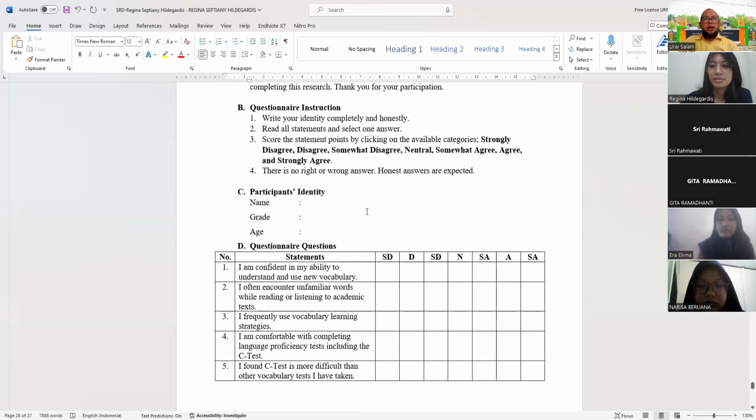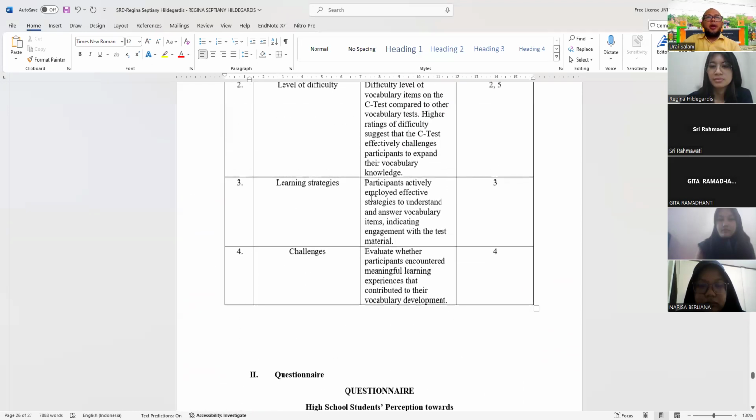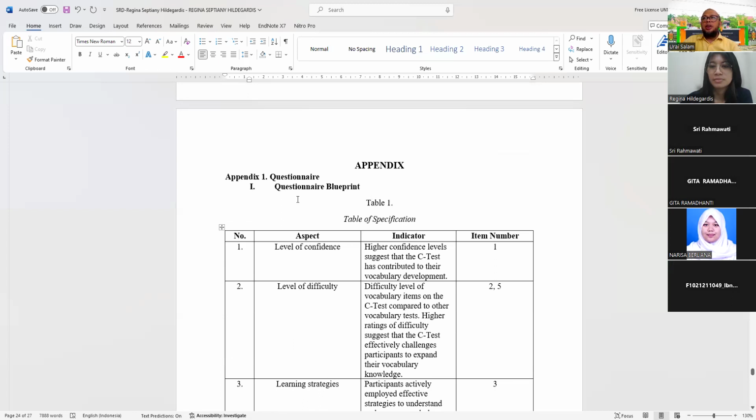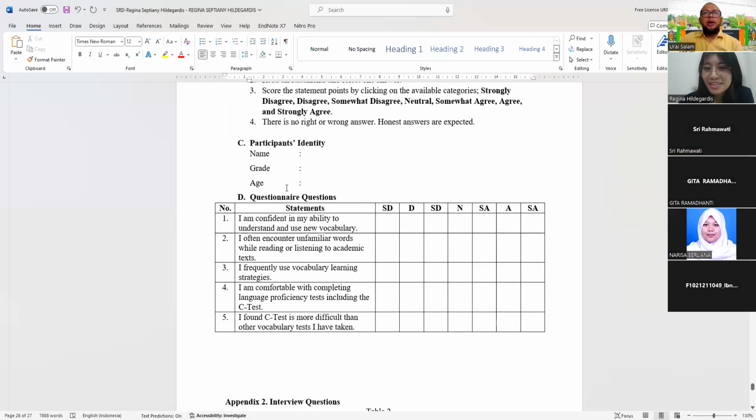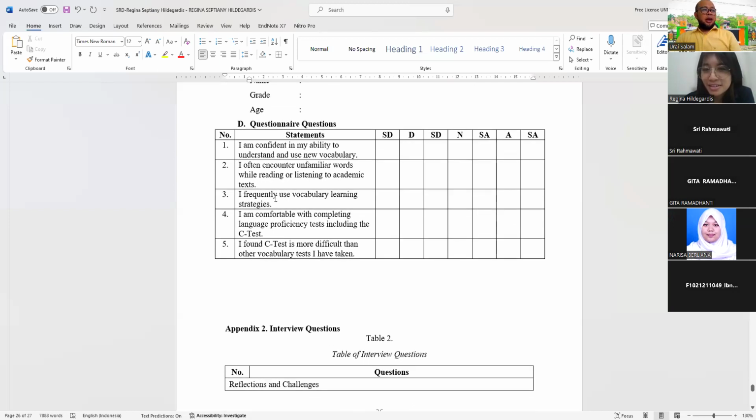Kemudian this is ini table of specification-nya, maka saya bilang bukan blueprint. Ini adalah questionnaire-nya. Ini kenapa sampai banyak sekali ini?